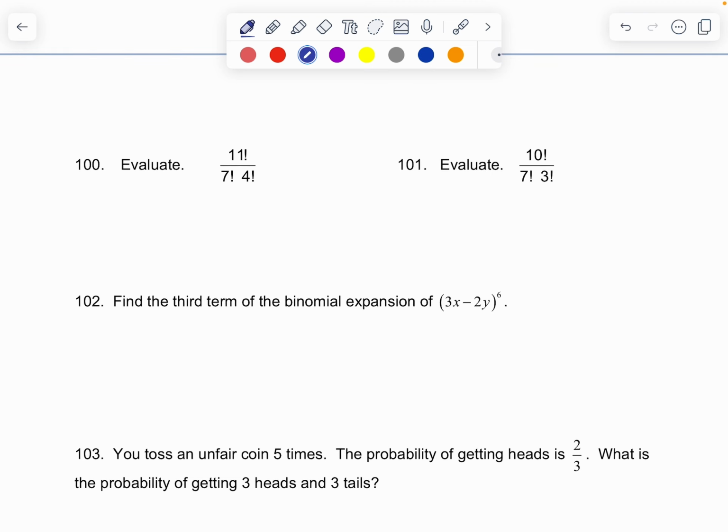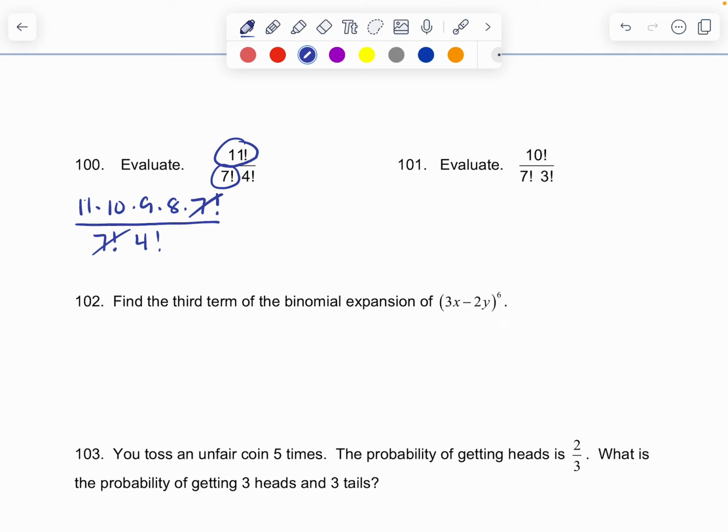Okay, evaluate 11 factorial over 7 factorial over 4 factorial. You guys, you should be able to do both of these. So look, 11 factorial is 11 times 10 times 9 times 8 times 7 factorial. I'm stopping there because I get to 7 factorial, and then I've got the 7 factorial on the bottom, so these cancel out.